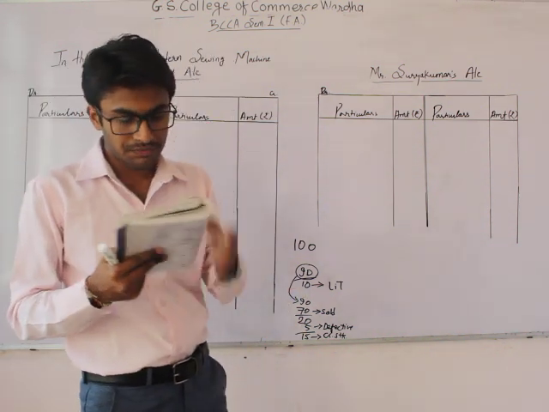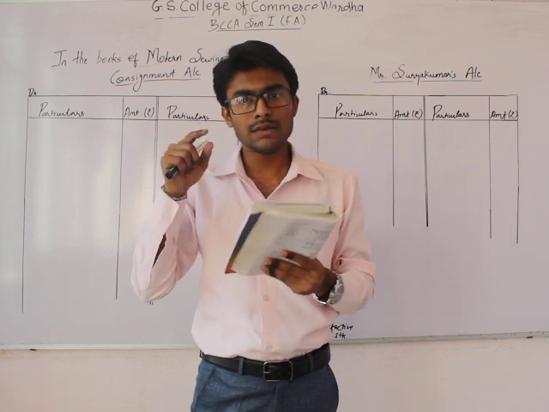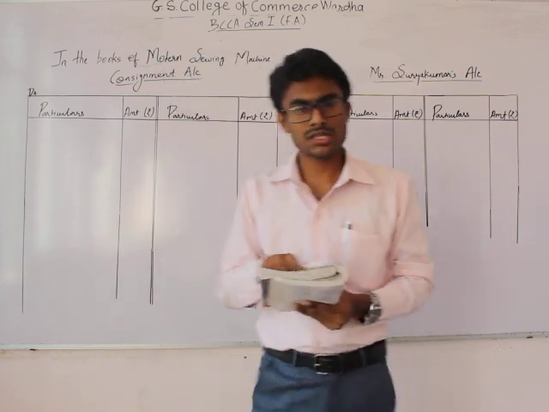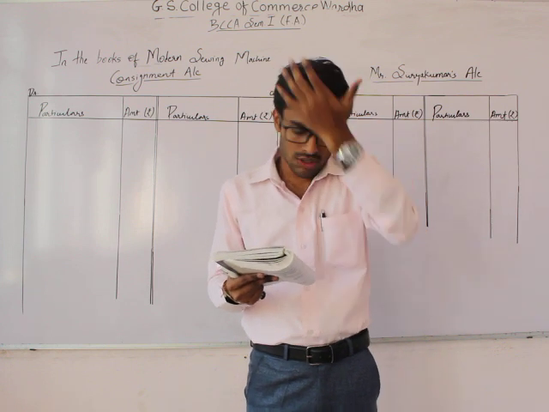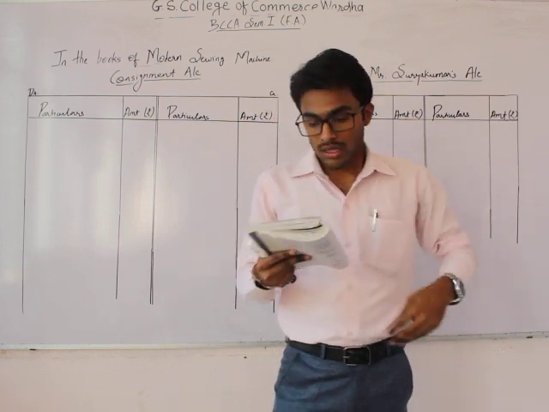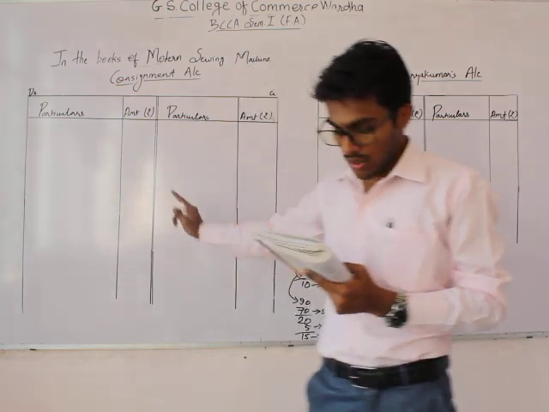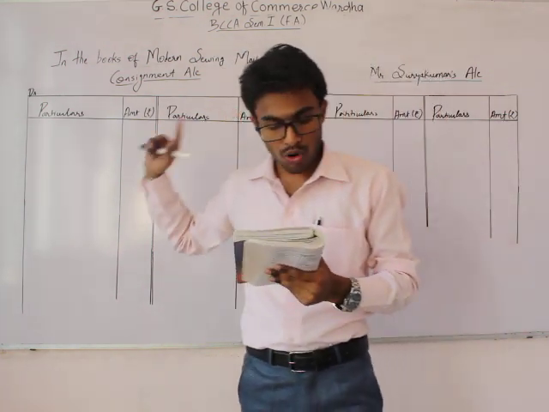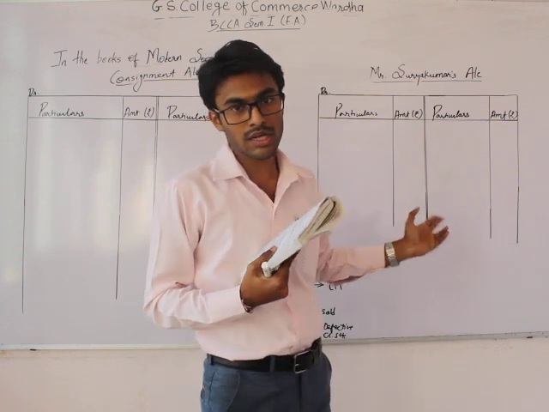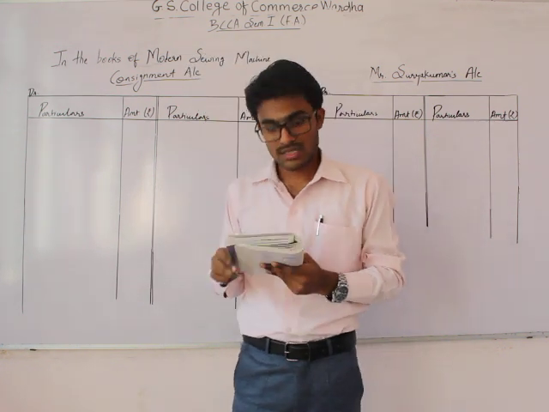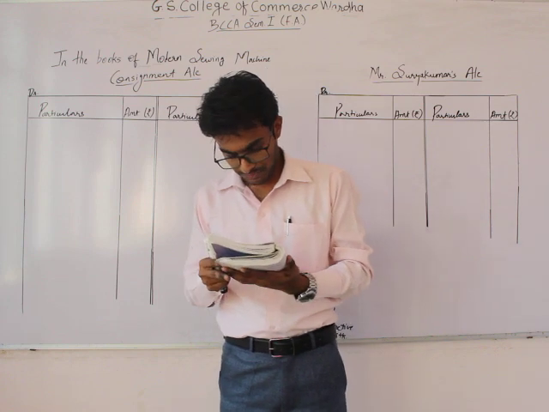So we have to calculate the transactions given in our question. In this question we have to prepare the consignment account, the modern sewing account and Surya Kumar's account. So let's start this question.